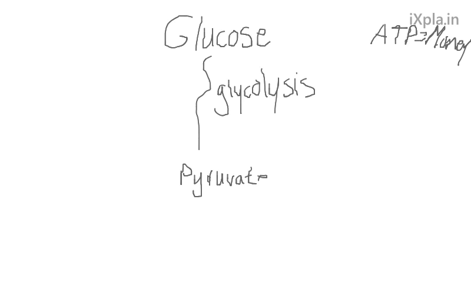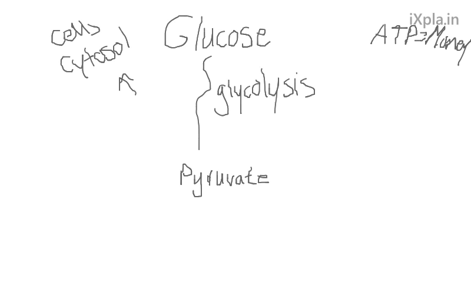Okay, so the body converts glucose to pyruvate through the process of glycolysis. This happens in the cell's cytosol. Hopefully you remember that the body has cells, millions and trillions upon billions of cells.